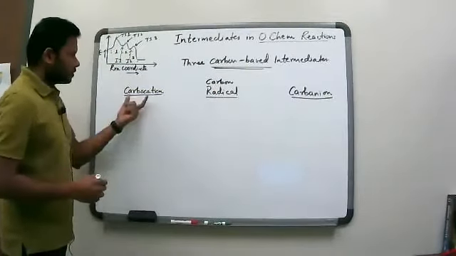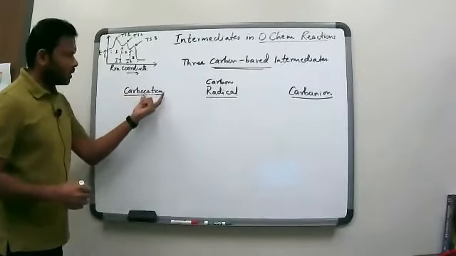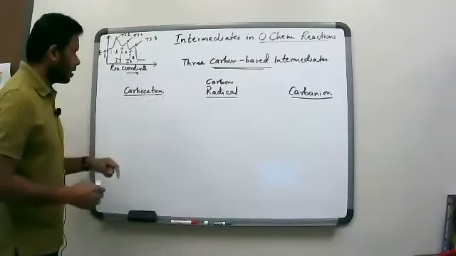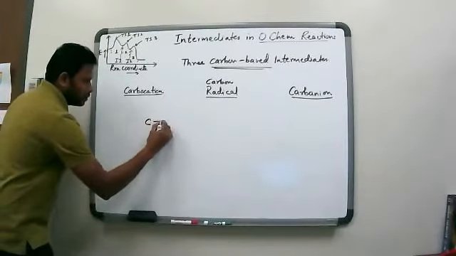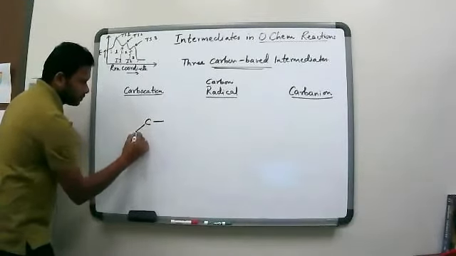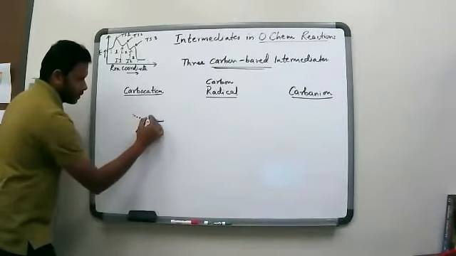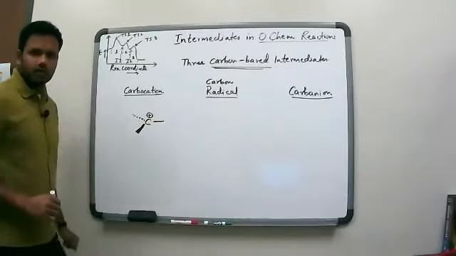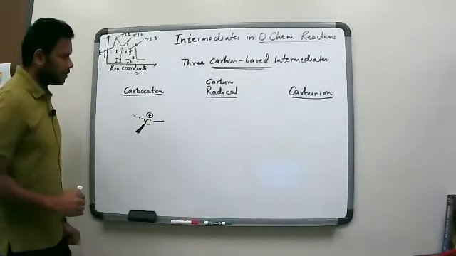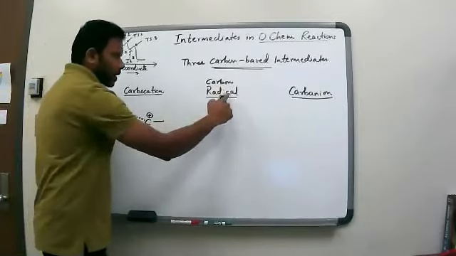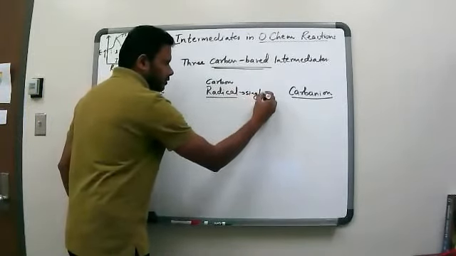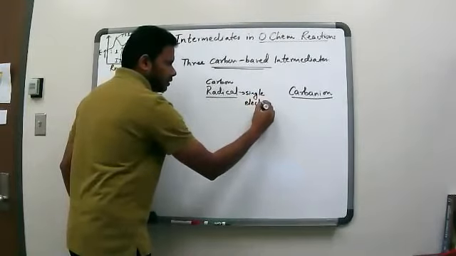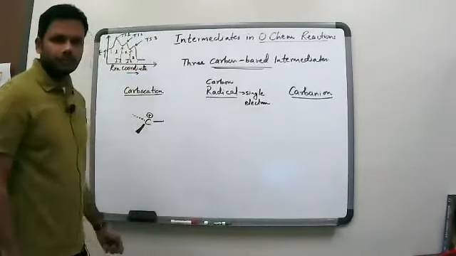As you can imagine from the name, carbocation means there's a carbon with a positive charge. I can draw this out as this: a carbon which has a positive charge. A carbon radical, a radical refers to a single electron.